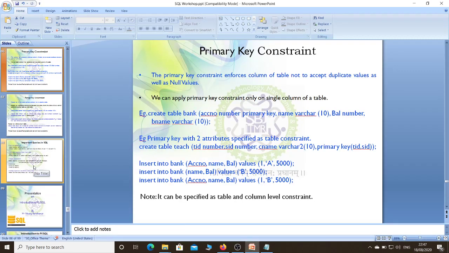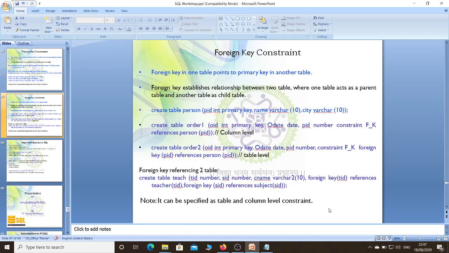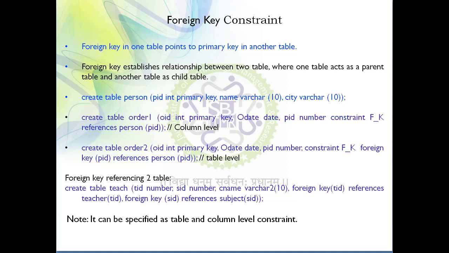Now the next concept is the foreign key constraint. The next type of constraint, the last constraint in key constraints, is the foreign key constraint. So what is the use of foreign key constraint? While designing a database, you need to establish a relationship between two tables.